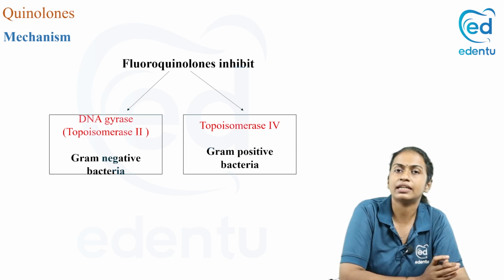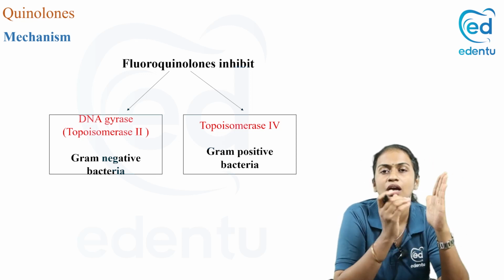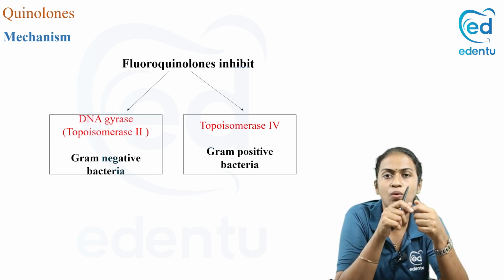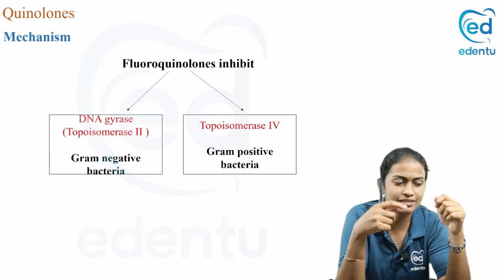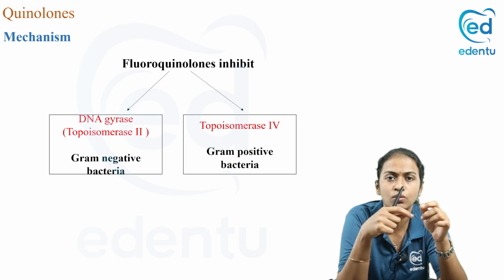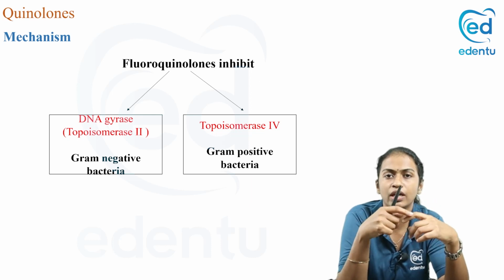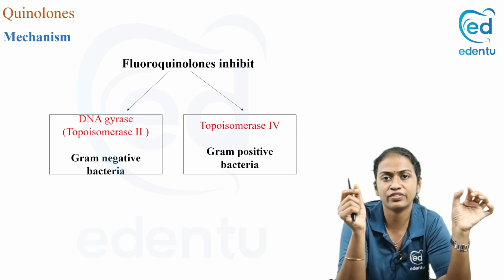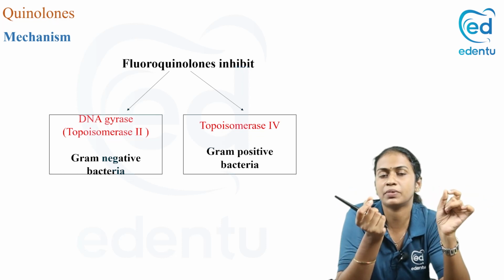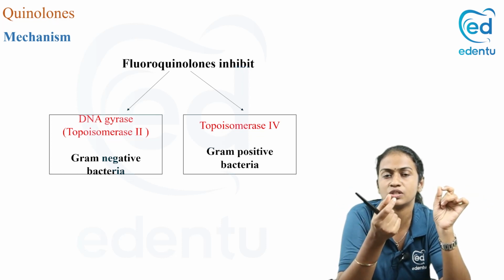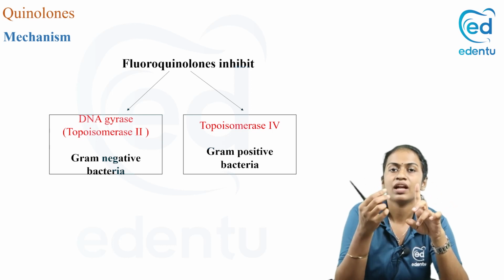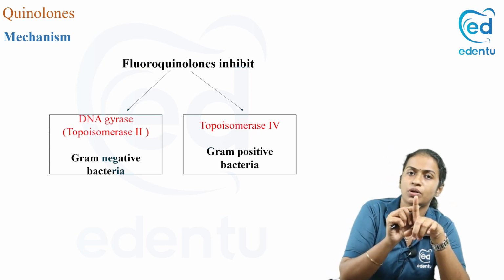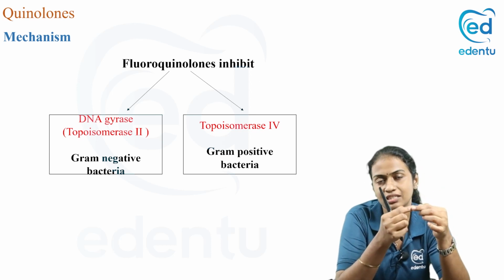DNA gyrase is an enzyme that helps when the DNA starts to uncoil itself. There will be presence of positive supercoils, just like when you're trying to separate out 2 strands that are wound together. To prevent the formation of positive supercoils, what this DNA gyrase does is, it cuts one strand and then it introduces negative supercoils and then it reseals the strand.